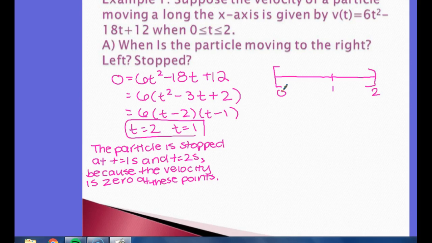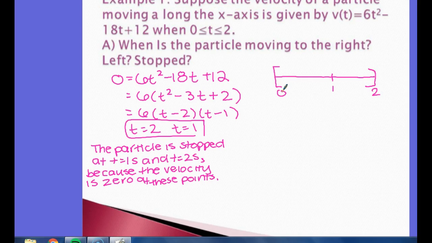I stopped. My velocity became 0. What was my velocity from where I started to here? Positive, right? Because I was moving forward. If I stop and then I move backwards, what happens to that velocity? It becomes negative, right?